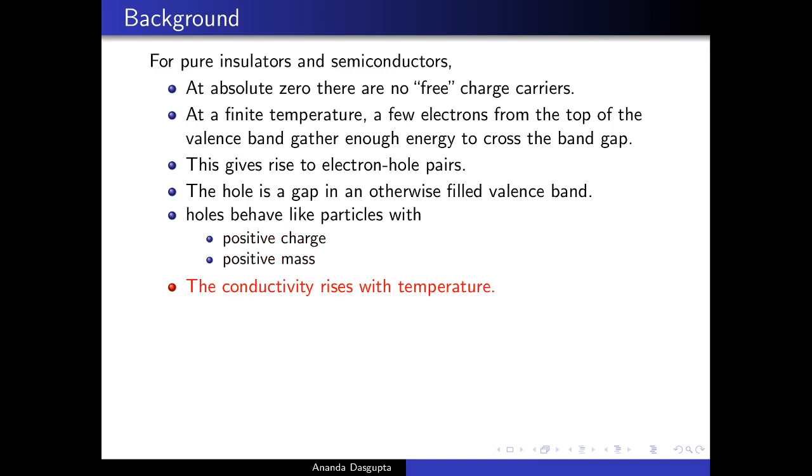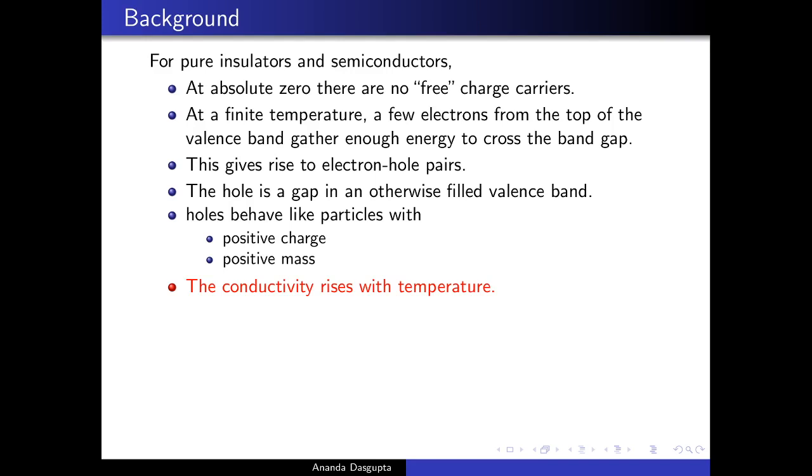Now, the conductivity that you have now is because of the fact that there are holes in the valency band, the gaps in the otherwise filled level, so you can have conduction there. You also have some electrons in the conduction band, and these electrons have neighboring levels which are completely free, so they can respond to external stimuli.